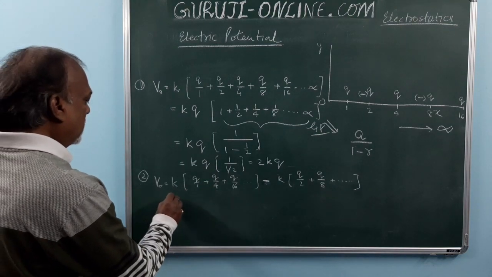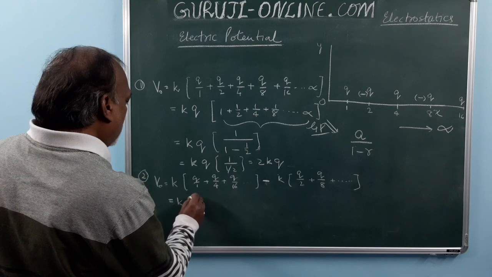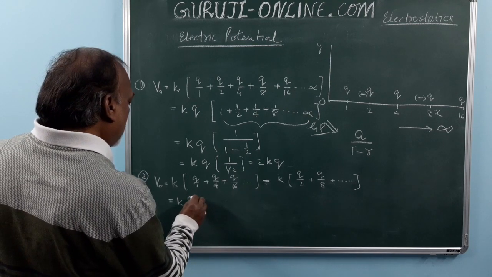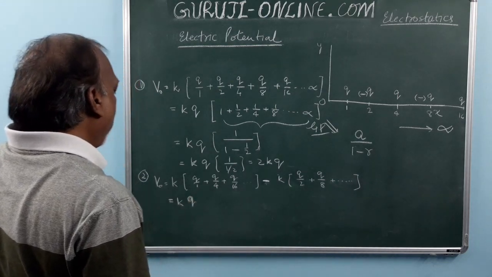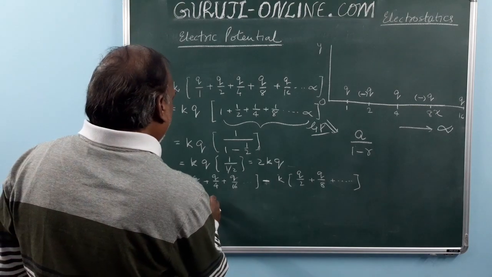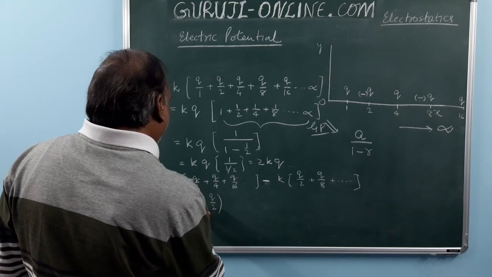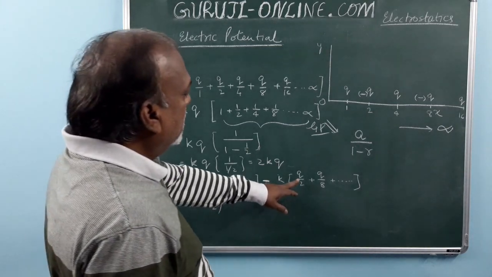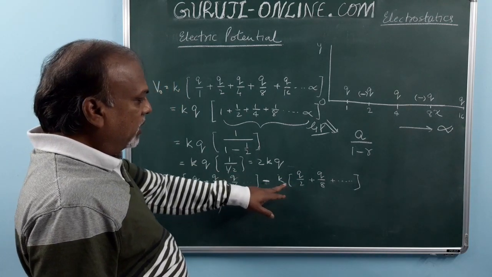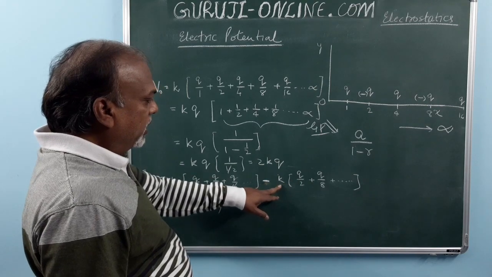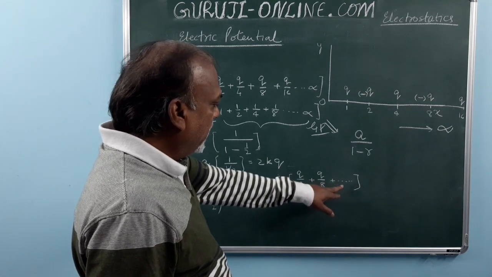So in this we can write K Q minus Q upon 2. If we take Q upon 2 outside commonly, then here it will become 1, here it will become 1 by 4, like that.